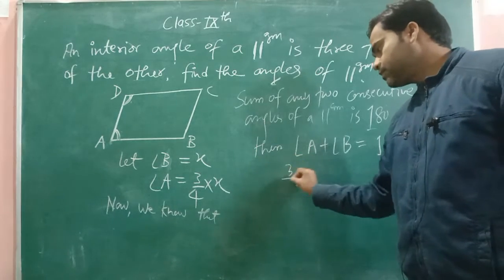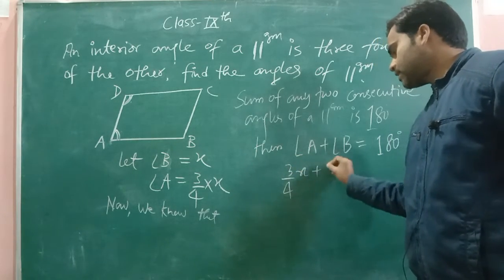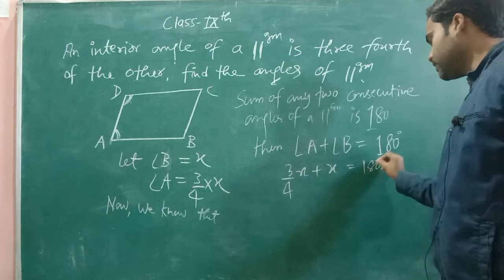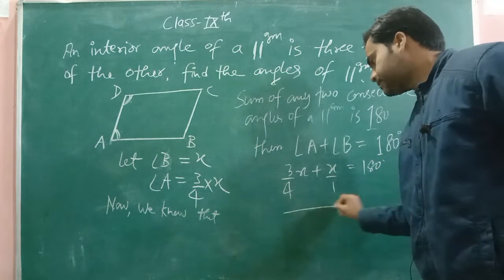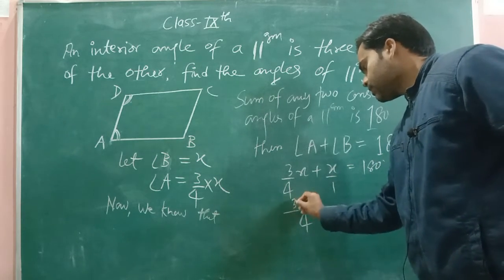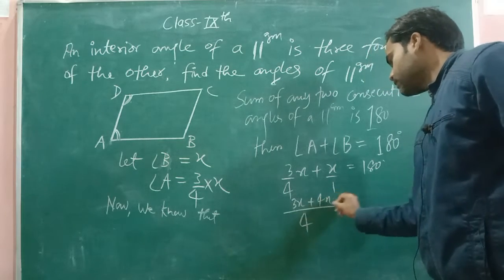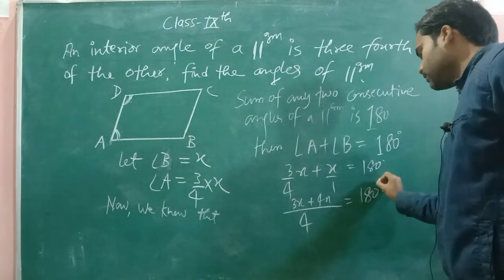Angle A is 3/4 of x and angle B is x, so 3x/4 plus x is equal to 180 degrees. Take LCM. LCM is 4. 3x plus 4x is equal to 180 degrees.